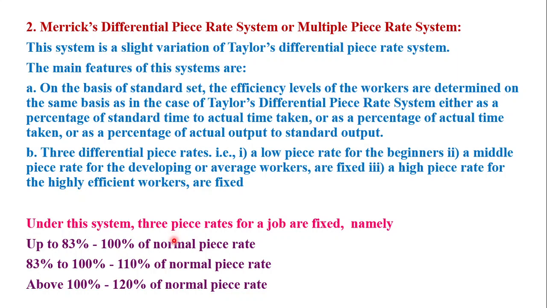Up to 83% level of efficiency, 100% of the normal piece rate. Between 83% and 100% efficiency, 110% of the normal piece rate. And if the efficiency is more than 100%, 120% of the normal piece rate.